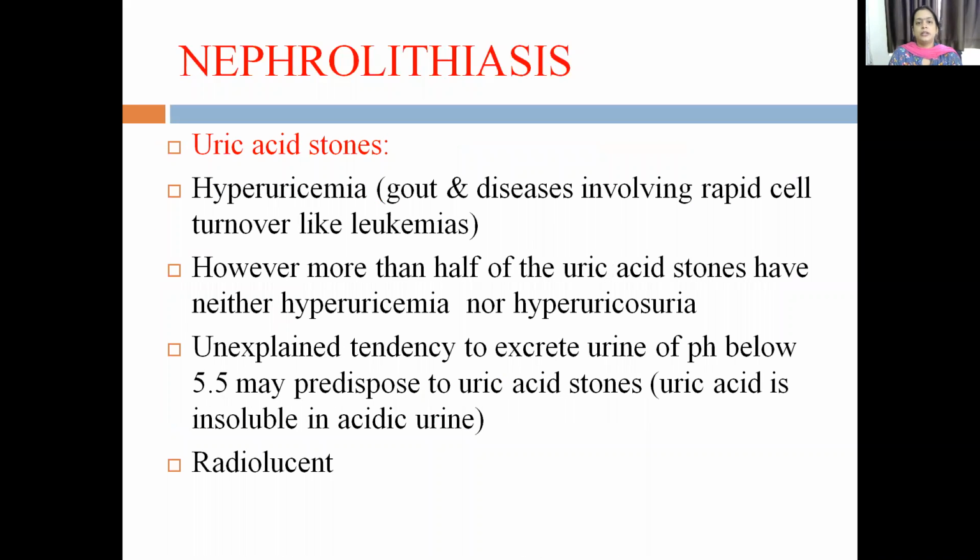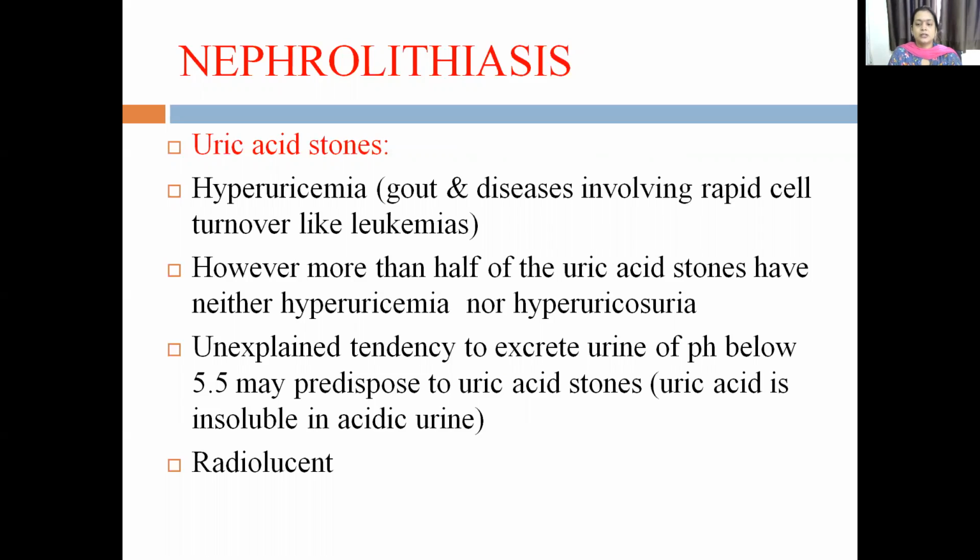So coming to the third one, that is uric acid. Hyperuricemia, gout, and rapid turnover like leukemias. More than half of the uric acid stones have neither hyperuricemia nor hyperuricosuria. So it's not always the increase or the supersaturation, but it can also be because of other causes like acidic urine and low urine volume.